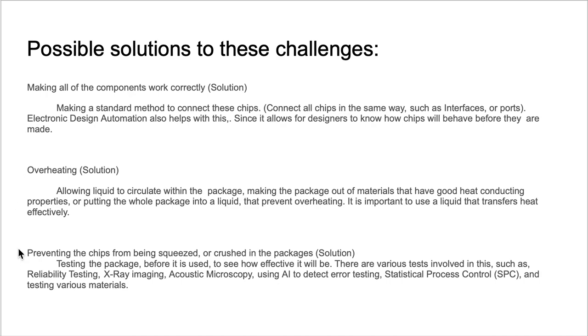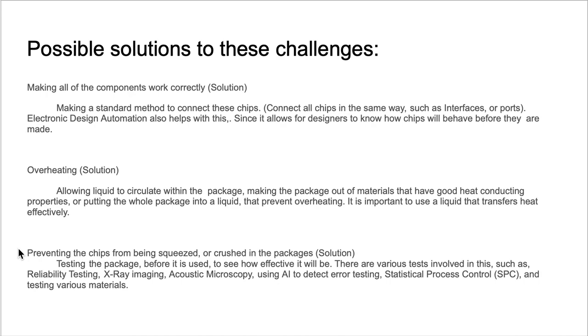With preventing the chips from being squeezed, crushed, and damaged in the packages, the solution would be to do various testing to the package itself at first. Before the package is even used, it's important to make sure it's tested properly.